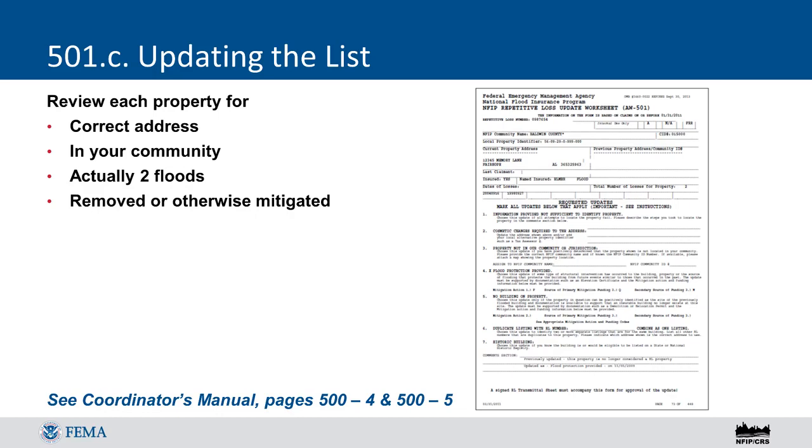When I say make sure there were actually 2 floods, if you look on your AW501 form for the date of losses, if you see 2 dates that are within 30 days of each other, then you may be looking at claims for the same event. If that is the case, you would want to pull the AW501 and send it in. We will have an evaluation done on whether or not that is the same event or 2 separate events.